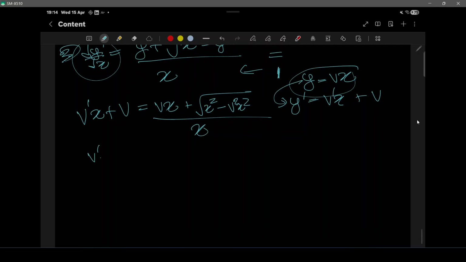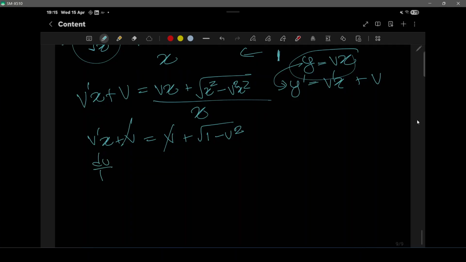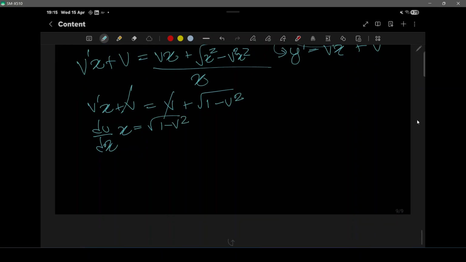You can see all the x terms cancel out. So that is v plus square root of 1 minus v squared. Here the v cancels out, and this is now just a variable separable equation.